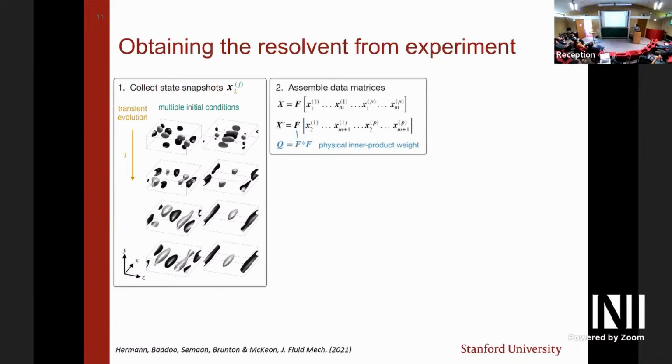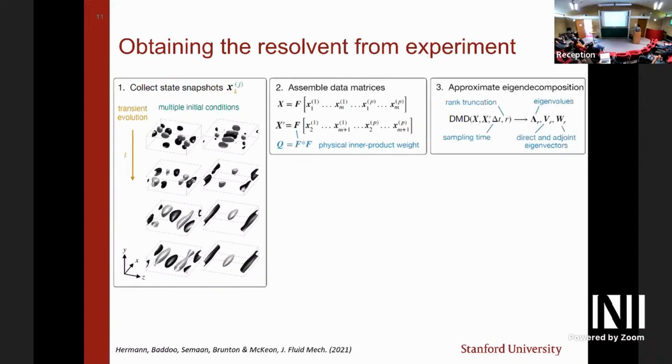So we assemble the data matrices as if we were about to do a DMD, because we actually are going to do that. And then we get to an approximate eigen decomposition using the DMD approach based on the same shifted data sets as usual.